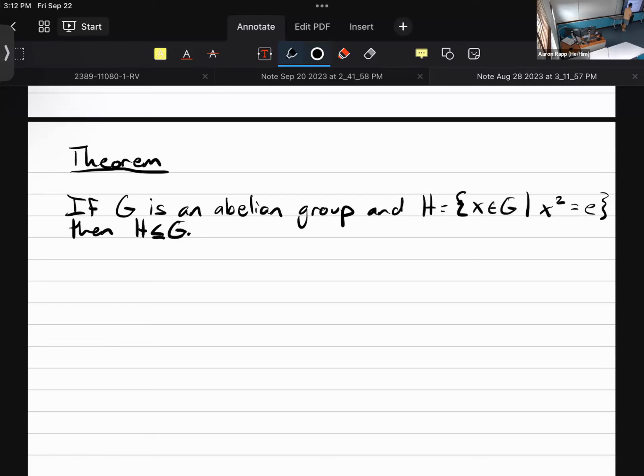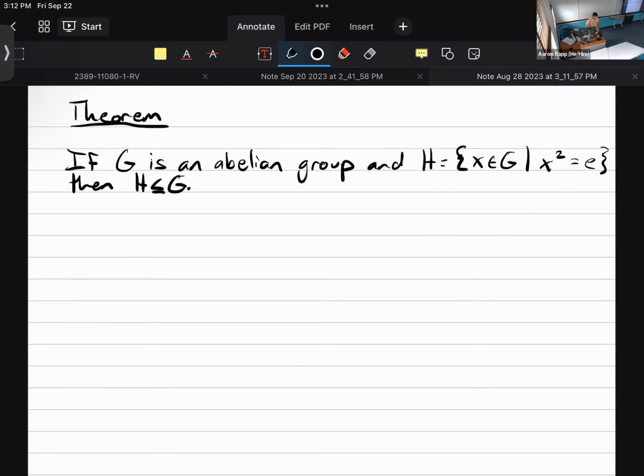But I'm working inside of the group, so I know I have elements. And how is H defined again? All x in the group such that x operated with itself gives the identity. And what's another way we can rephrase that?